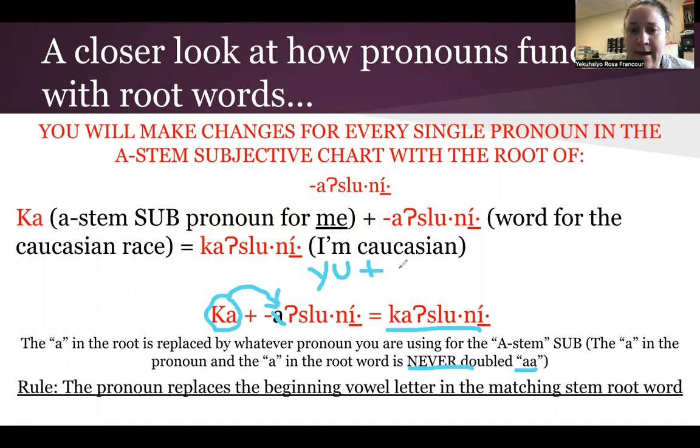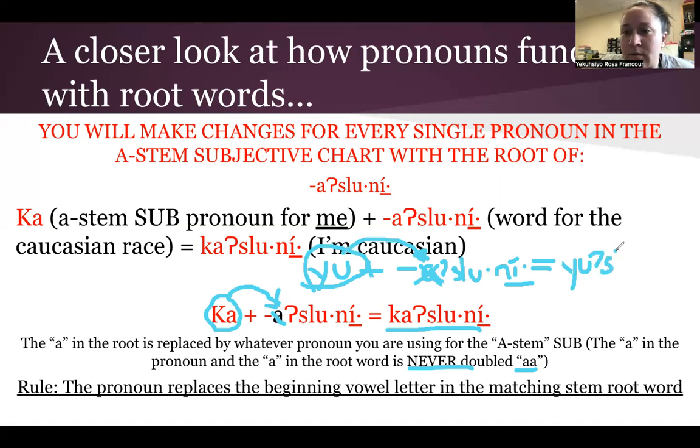You want to add it with your root, which is azlun. Yu is the pronoun. It's going to replace the A right here. This A is no longer. Now we end up with our she is white or Caucasian. This is our conjugation: yuzlun.